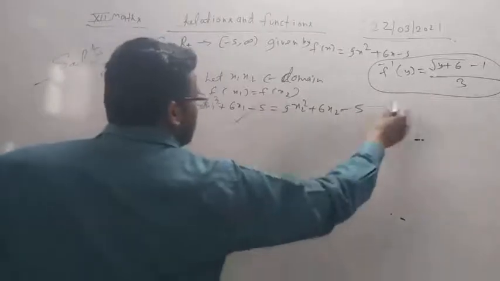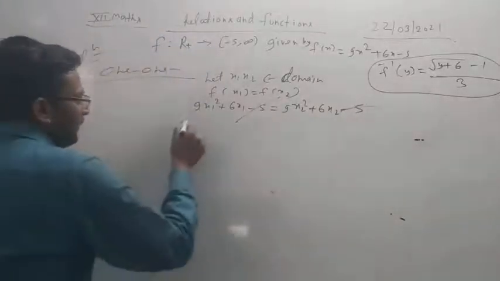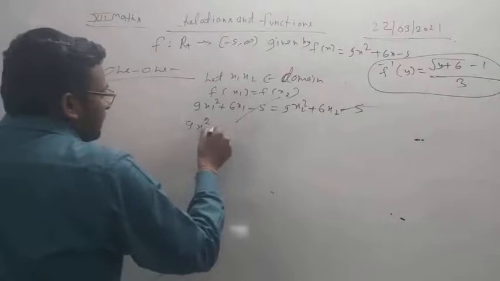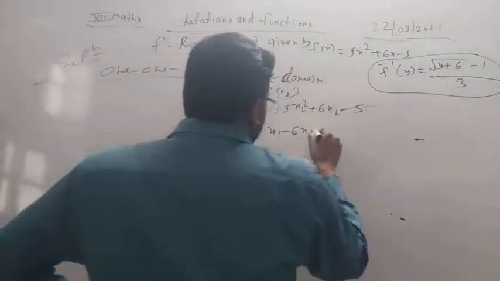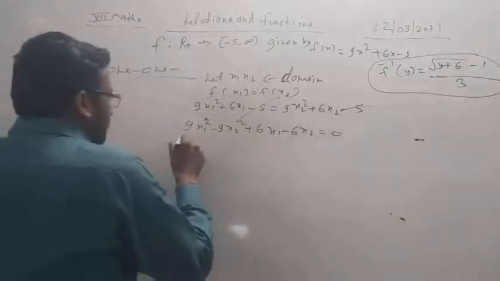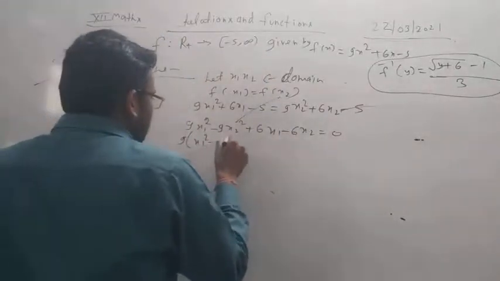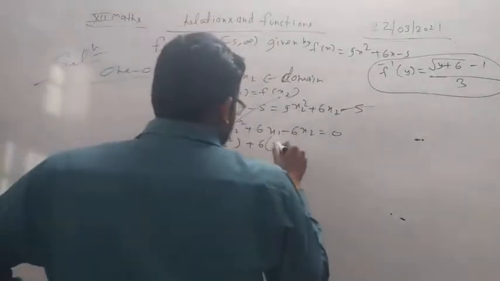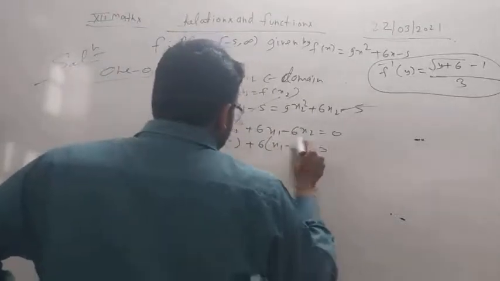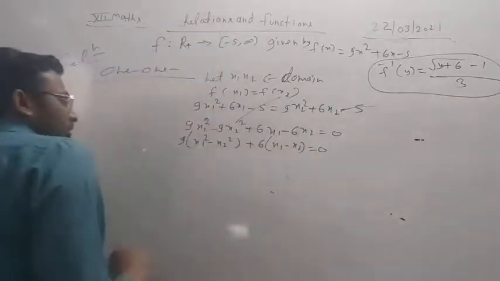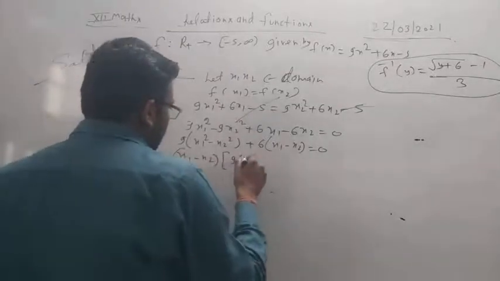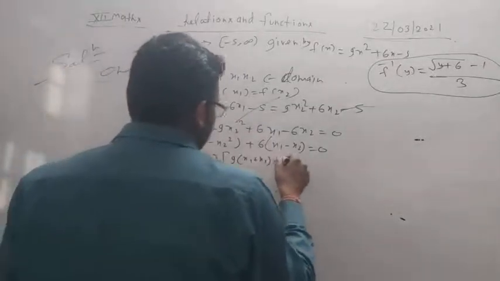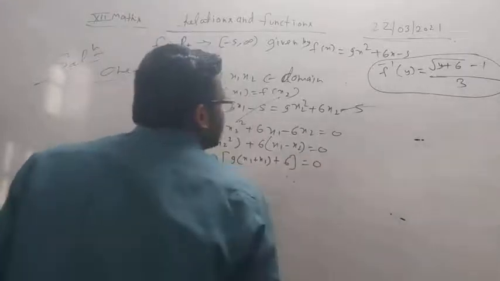So this −5 and −5 cancel. So we write 9x1² − 9x2² + 6x1 − 6x2 = 0. So 9(x1² − x2²) + 6(x1 − x2) = 0. Okay, so taking x1 − x2 common, we write (x1 − x2)(9(x1 + x2) + 6) = 0.